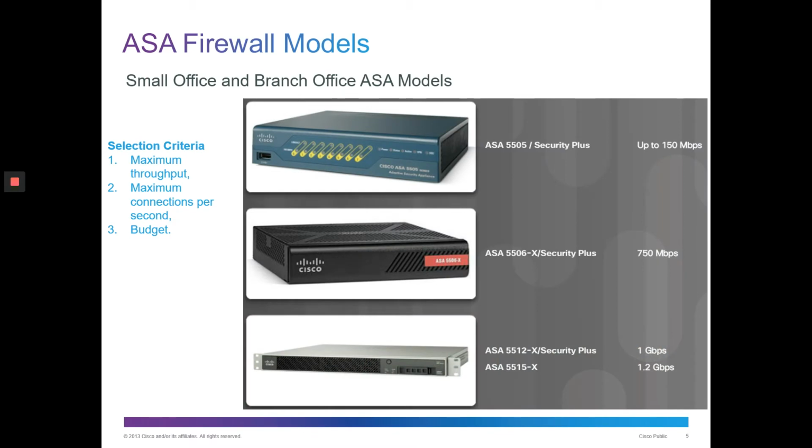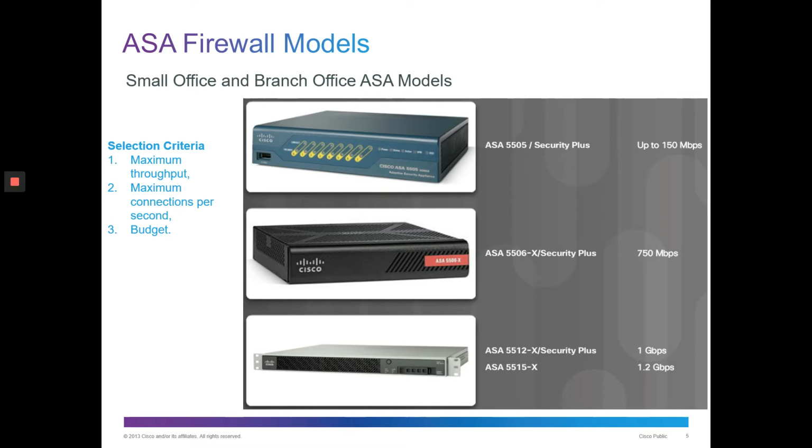In terms of ASA solutions, we have different solutions available depending on the requirements. Obviously they are from Cisco because we are talking about CCNA. Cisco has solutions for small offices, larger enterprises, and also for internet service providers. The one you can see on the screen, for example the ASA 5505, is for small and branch offices, and they come in different categories as well.